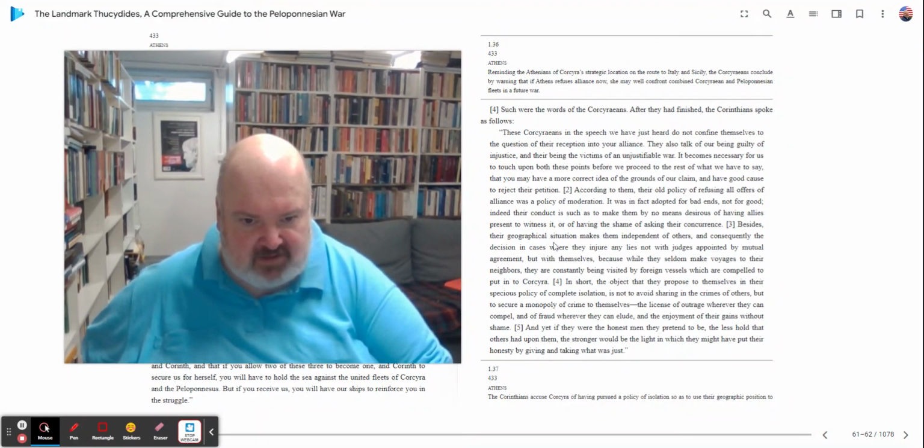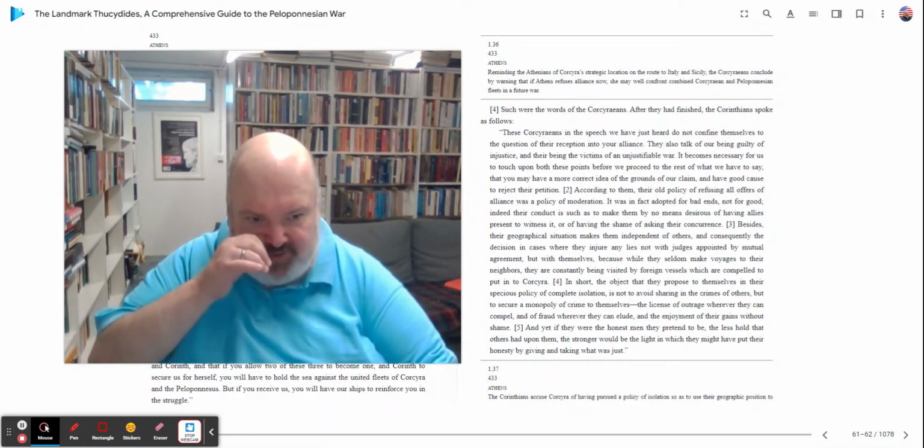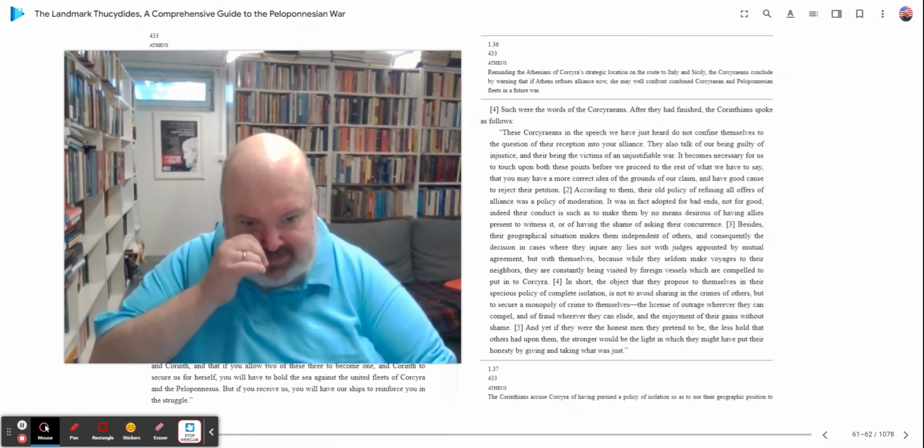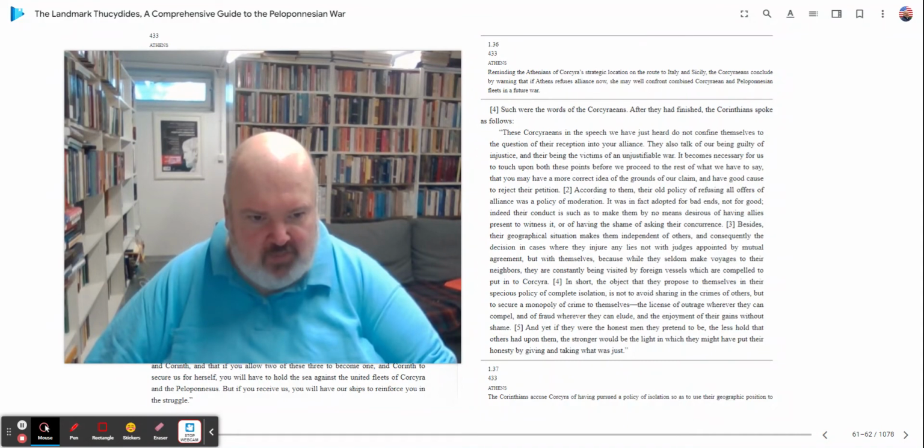Besides, their geographical situation makes them independent of others, and consequently decisions in cases where they injure many lie not with judges appointed by mutual agreement, but with themselves, because while they seldom make voyages to their neighbors, they are constantly being visited by foreign vessels, which are compelled to put into Corcyra.